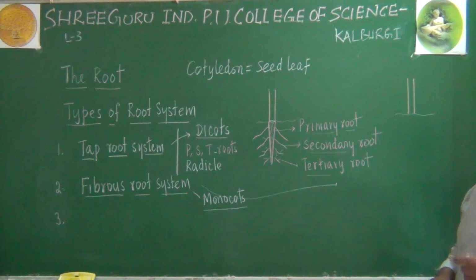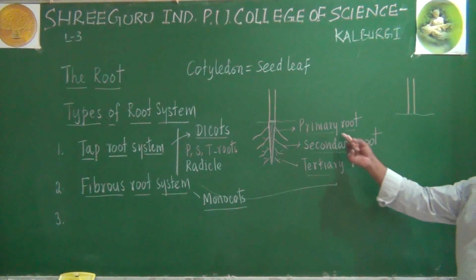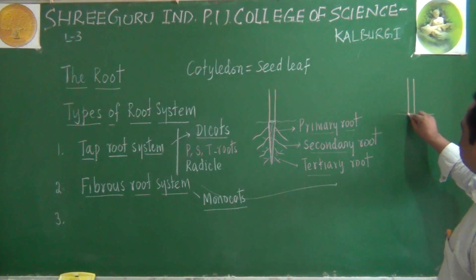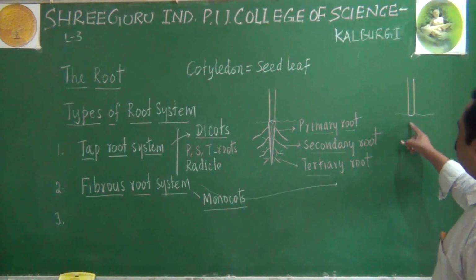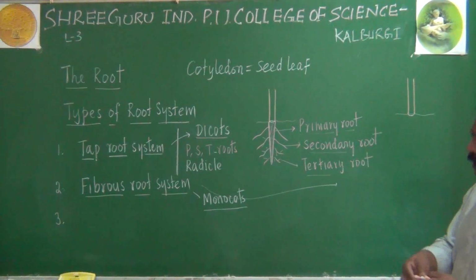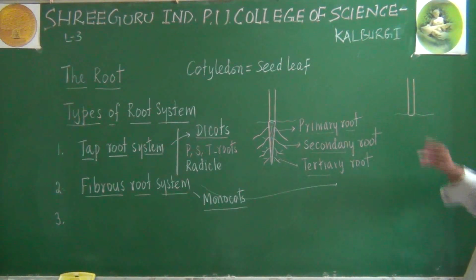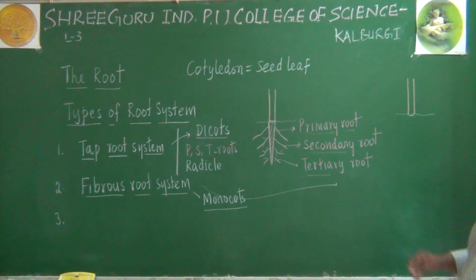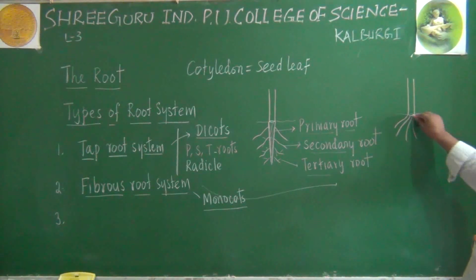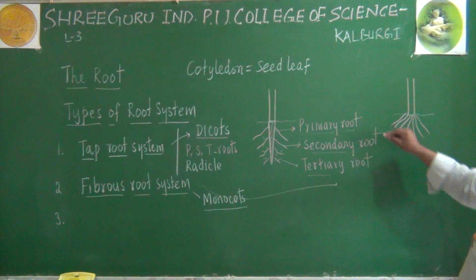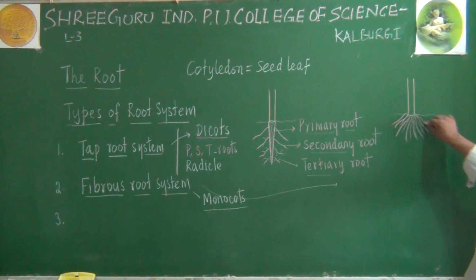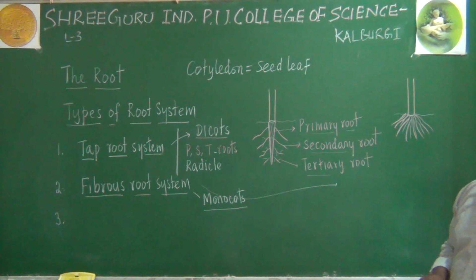It will not go down as a primary root as we have seen in dicots. It will simply stop here and won't grow further. Then from that stem end only, we get many bunches of roots arising like this, originating from the base of the stem.